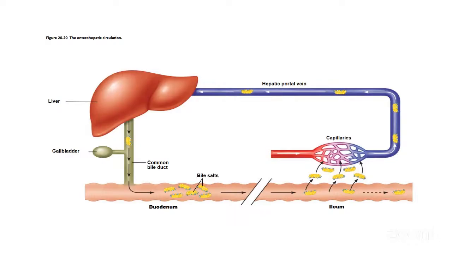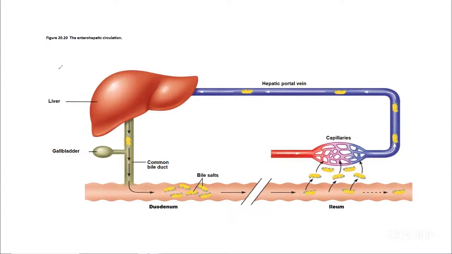We're going to try to take some of them back up. So here we can see the liver making those bile salts, sending them down into our biliary system. Ultimately, we're focusing on the common bile duct as it enters the duodenum. Here they are in the duodenum, hanging out, waiting for some lipids to emulsify.